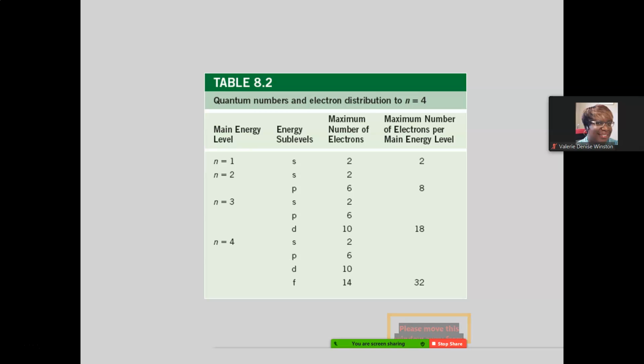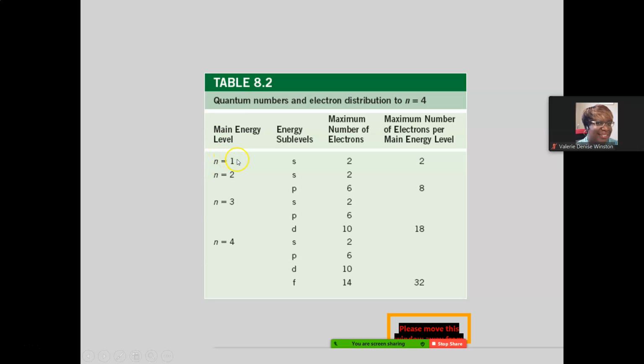All right, now here's what we've got. Here are the quantum numbers and the electron distribution for n equal 4. What that means is 4 main energy levels, only going up to 4.